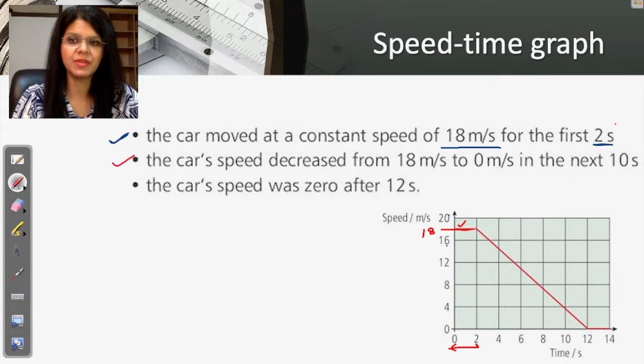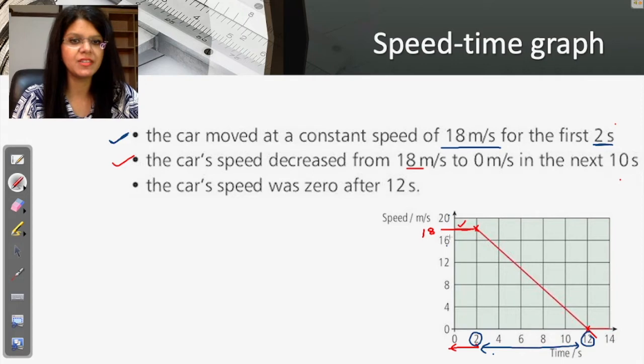And the speed decreased. I am on the second point now. The speed decreased from 18, this is the point that they are talking about, to 0 in the next 10 seconds. Which is the next 10 seconds they are talking about? They are talking from 2 to 12. 12 minus 2 is 10. This is the 10 seconds that they are talking about.